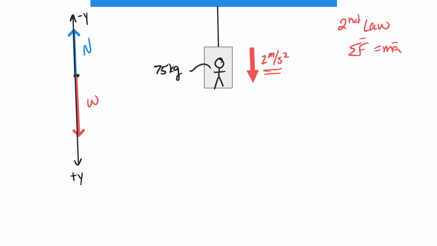I'm lining it up with the direction of the acceleration. Of course, this makes the x direction this way. All good? We now have our coordinate system.